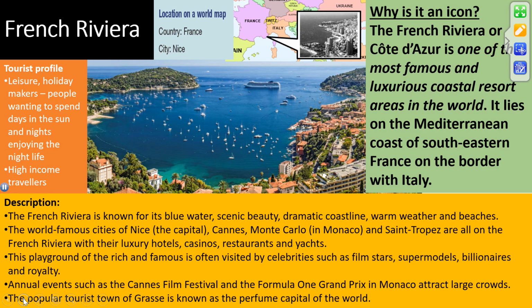And I think if you take a look at the image in front of you in the middle of your screen, grade 12, I don't think it's really necessary for me to explain to you why the French Riviera is regarded as an icon, because it is certainly one of the most famous and luxurious coastal resorts in the world.